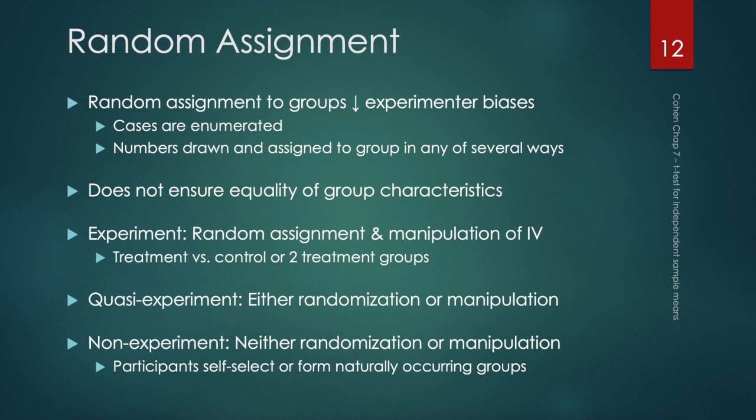It's just what they do. Like the example I gave earlier, if someone's playing the piano or not, if they know how to play, it's usually a choice that they made or their family made, not one that you made as the researcher. The t-test can be used with all of these, but you can talk more about causation with an experiment. You don't get to talk as much when it comes to quasi-experimental or non-experimental designs.